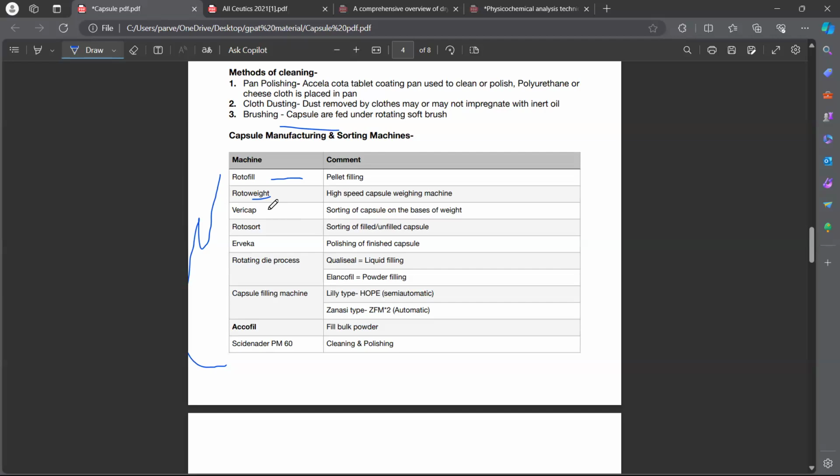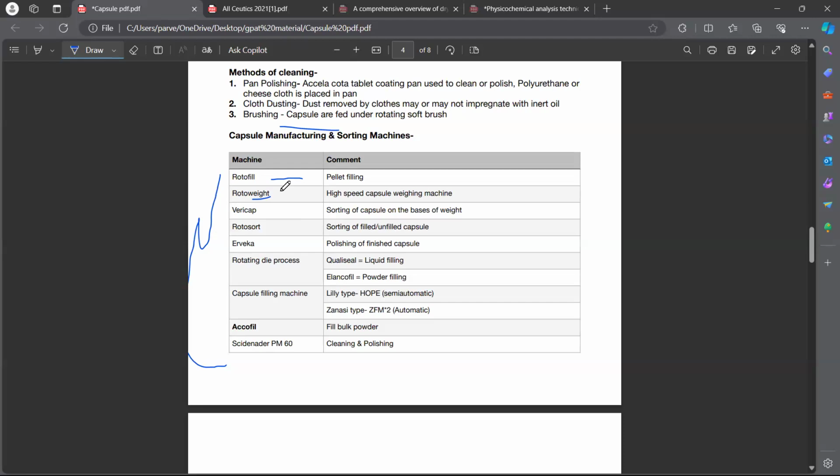So, do you guys know any difference between the Rotaweight and Vericap? There is a slight difference, a principal difference between the two. Do you guys have any idea what the main difference between the Vericap and Rotaweight is? So let me tell you.